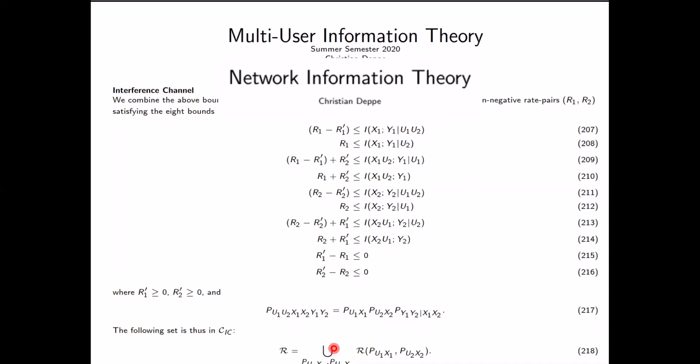It's just the union over all distributions we can choose of this rate region here. This is a rate region we get with our methods we learned now, and with a special extra thing, that we not only want to have an estimate of W1, we also want some part of the second.